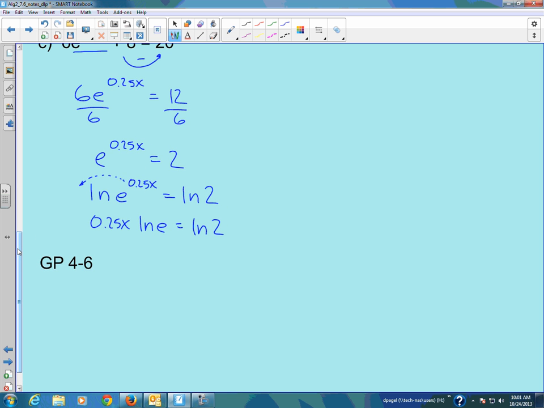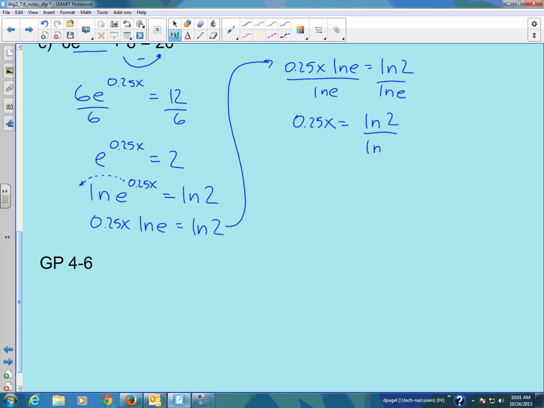And then we want to move that natural log of e over to the other side. So I'm going to do that by dividing the natural log of e on both sides, and I get 0.25x is equal to the natural log of 2 over the natural log of e.